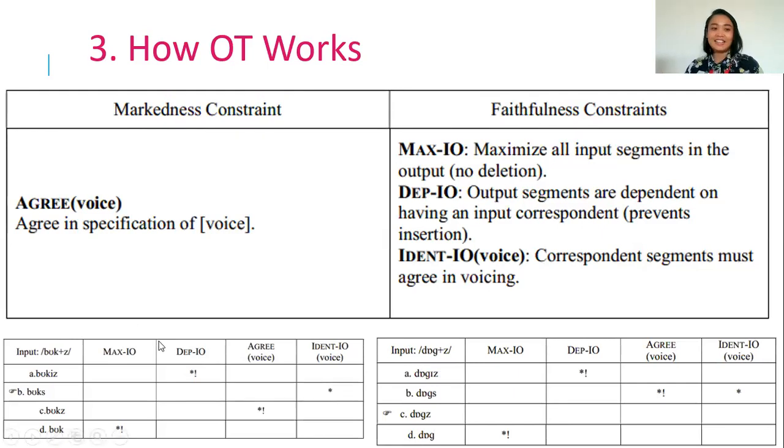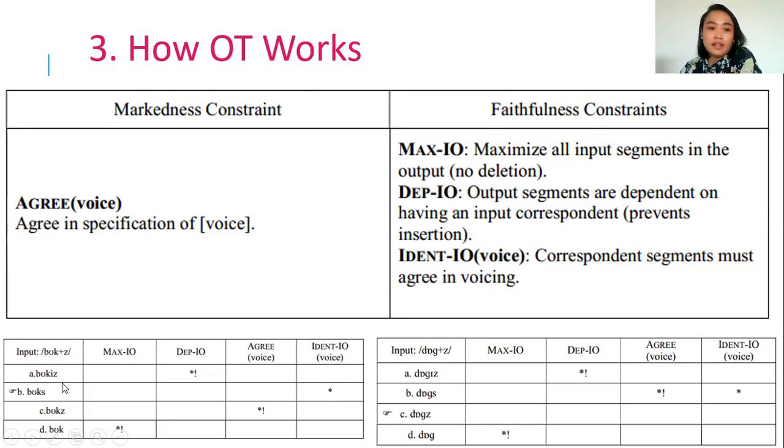Okay, let's see. I have prepared these two inputs. The first is books with the plural suffix, and also dogs with the plural suffix. First, books. Here the input is books, and it will be taken to the generator and will produce 4 candidates, A, B, C, D. The first is bookies, the second books, the third books with a Z, and then book.